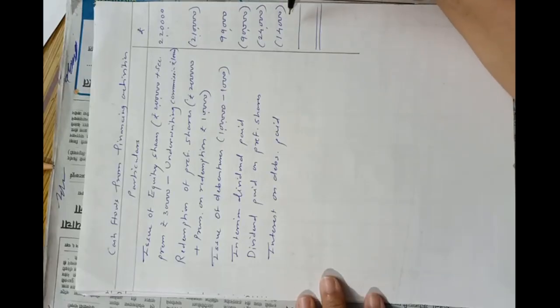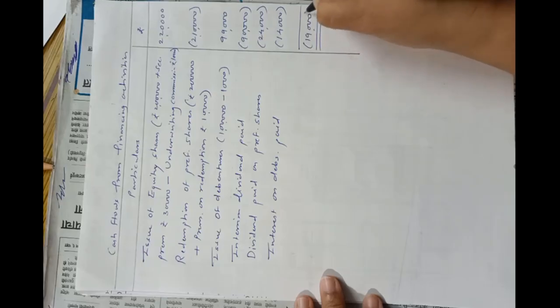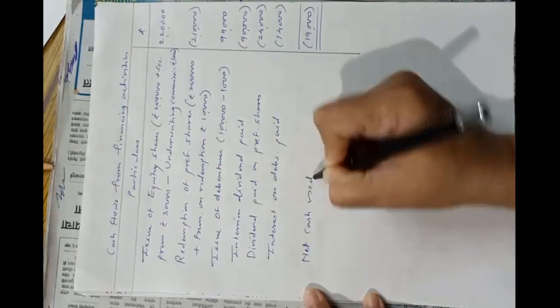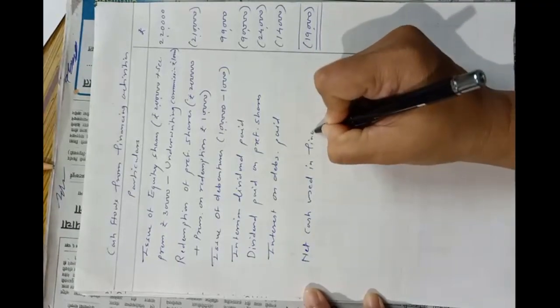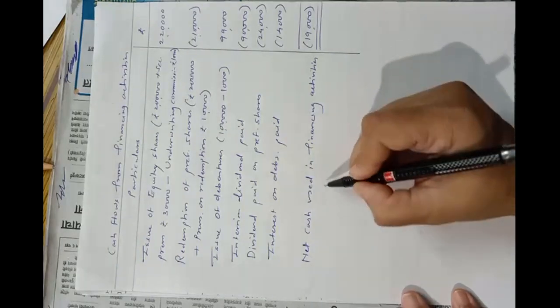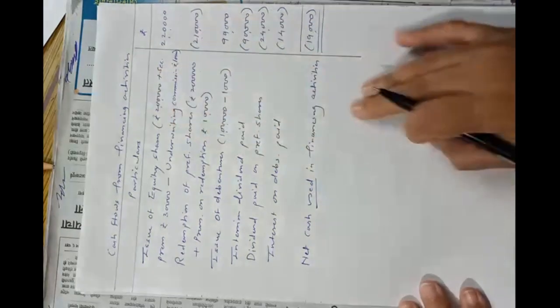We have to add negative items and then positive items and then calculate the difference. The effect is negative and the answer is negative 19,000. So the heading will be net cash used in financing activities. If the figure is negative, we write 'used'; you don't necessarily have to change it. You can say cash flows from financing activities also, but this is accurate. Okay, in this way we have to prepare the table for cash flows from financing activities.